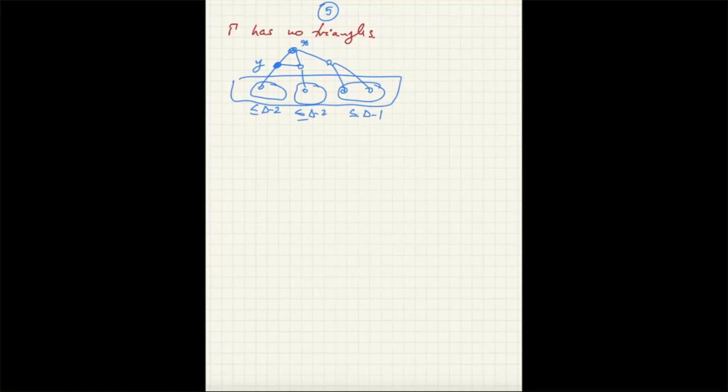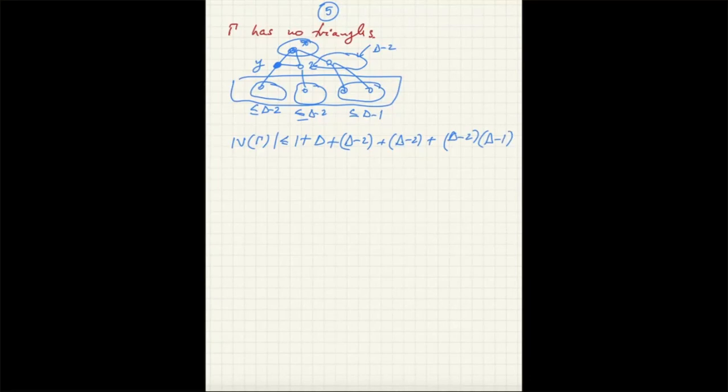But now when you add up the number of vertices in the graph, what you get is that the number of vertices is at most 1, the vertex on the top, plus delta, the neighbors, plus Y and Z, which have at most delta -2 each, plus the rest of them could have maximum going down. How many are left here? Those are delta minus 2 vertices there, and each of them could have delta minus 1.